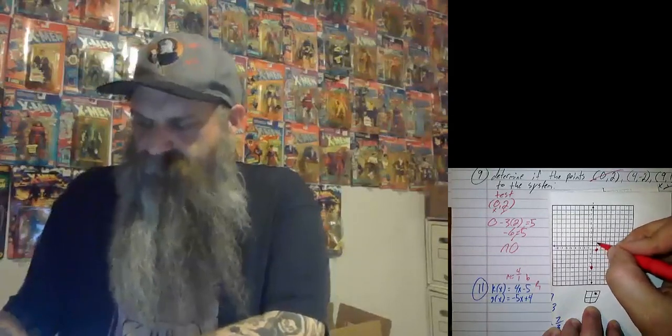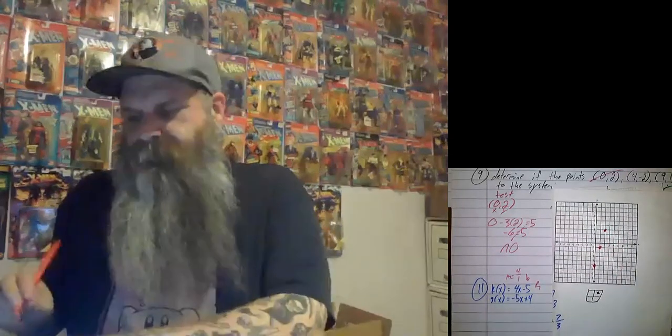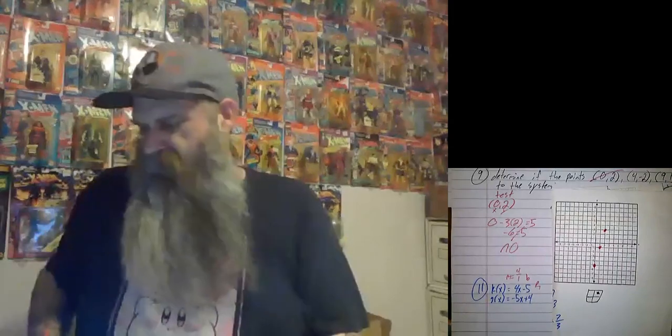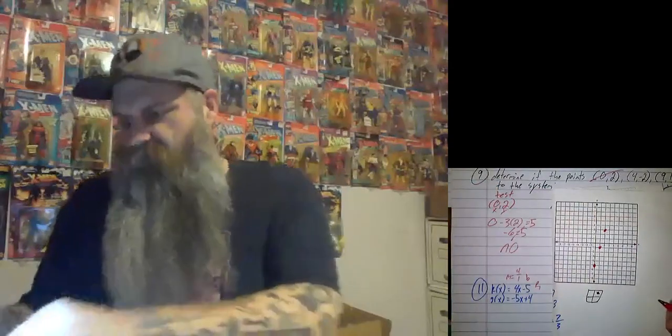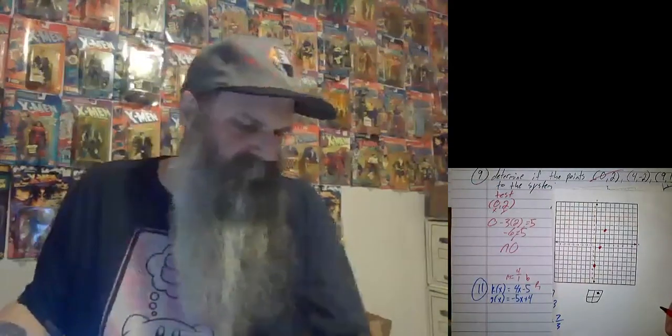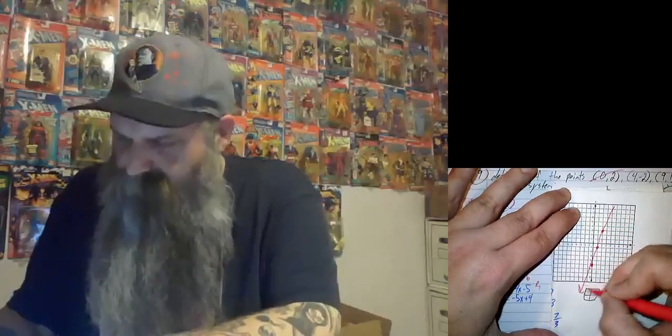And I'll do that a couple of times. And we can connect that line with some sort of straight edge, which I can't really find. Let's hope we make a good enough line. Oh God.